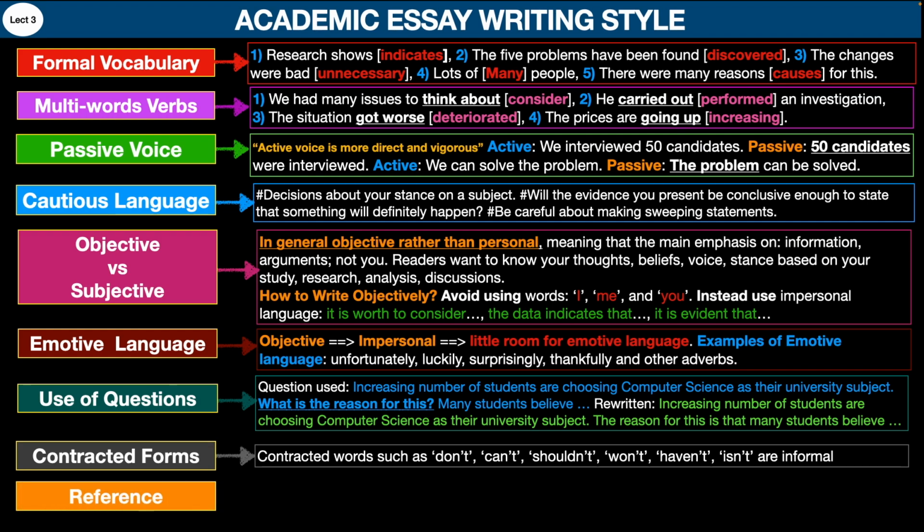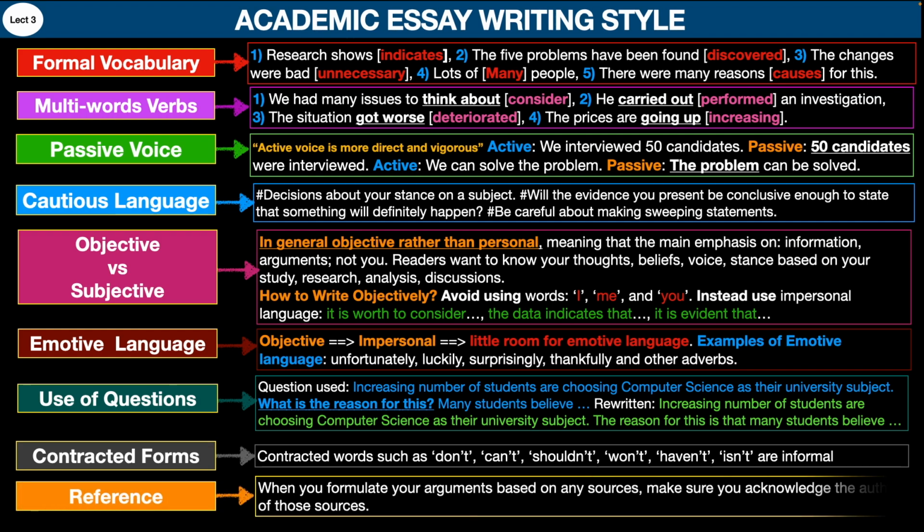Okay, the last one is reference. When you write your academic essay, sometimes you borrow some ideas or arguments and use them in your writing. Those arguments are not yours. You are just importing those arguments from someone else. When you do that, you must acknowledge the source.